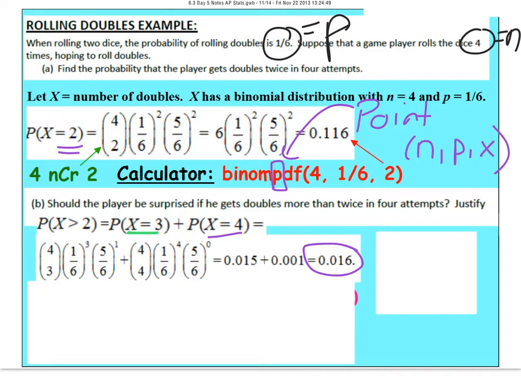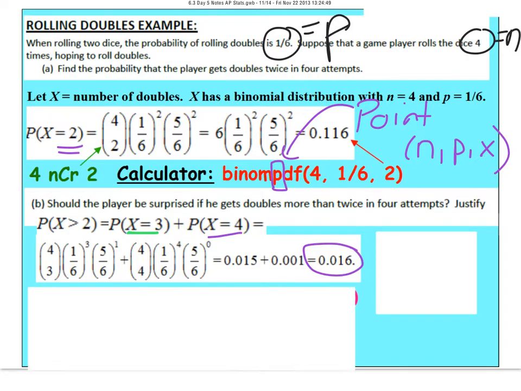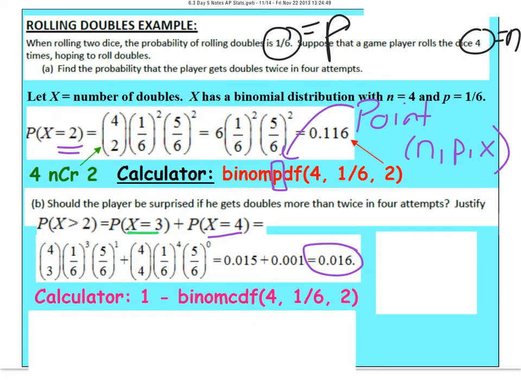In the calculator, we're going to reference again second vars or second distribution. And all you want to do this time is use the CDF button. And what CDF is, you have to be careful. CDF means cumulative. So this accumulation is what we want. And here's the deal.